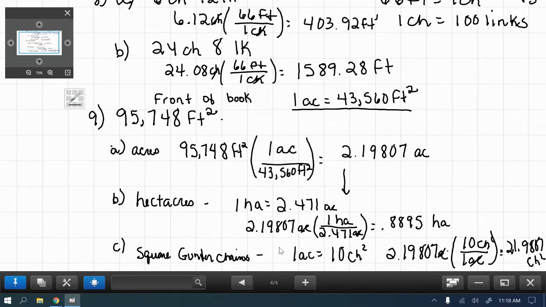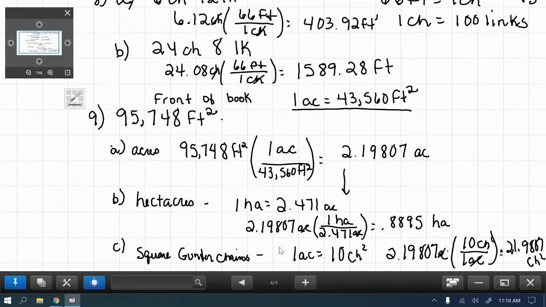It's the other way around, I believe. You should divide the 95,748 by 43,560, 2.19. Yeah, the way you have it there, you have 43,560 divided by 95,748. It should be reversed, right?